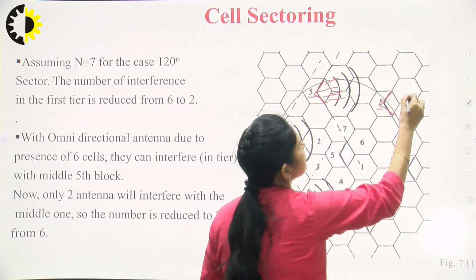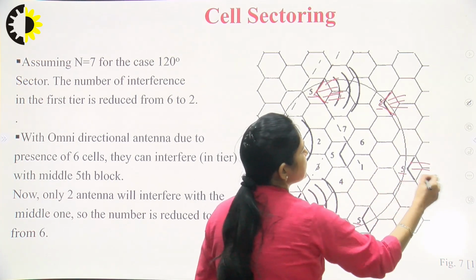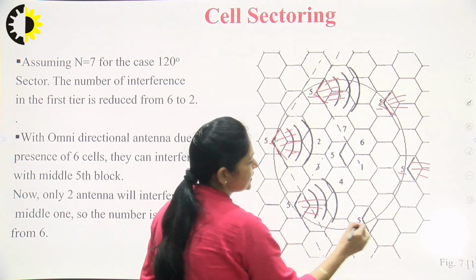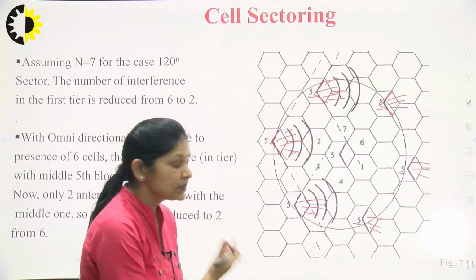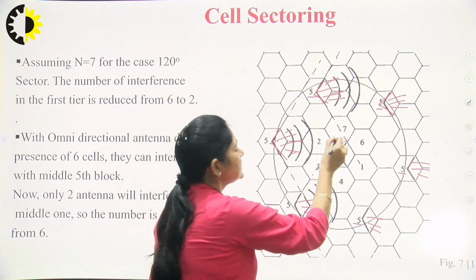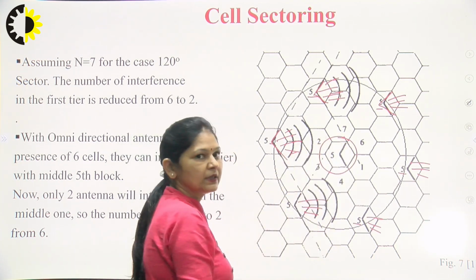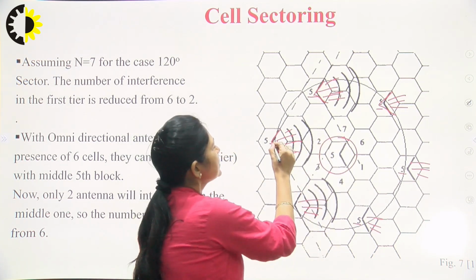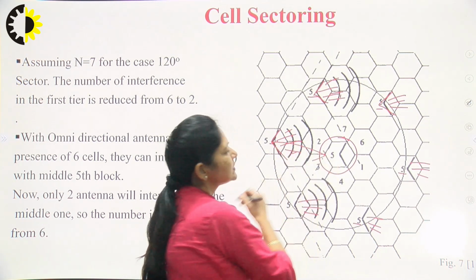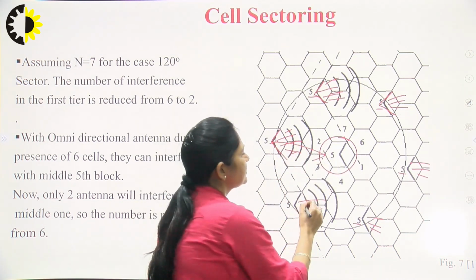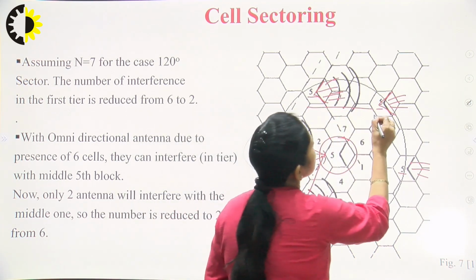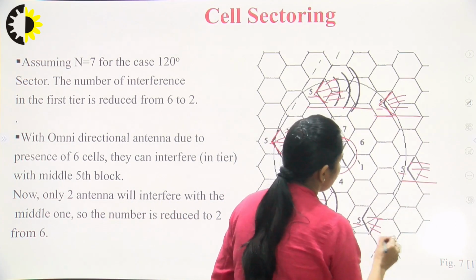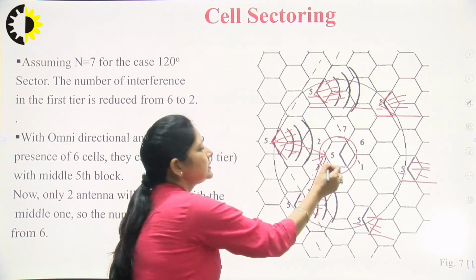This is the direction of propagation. As you can see, it is clearly visible that this center cell is getting interference only from this co-channel cell, as well as these co-channel cells. These other cells are not affecting the signal at the center.